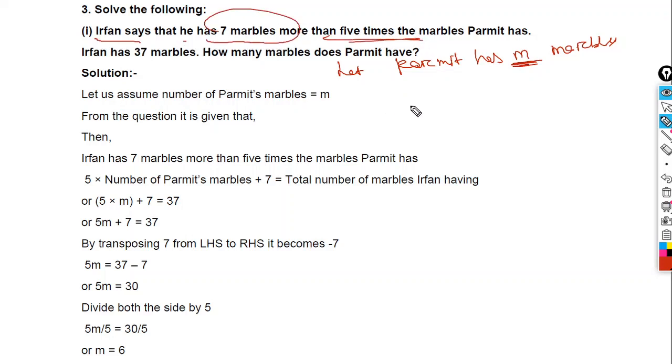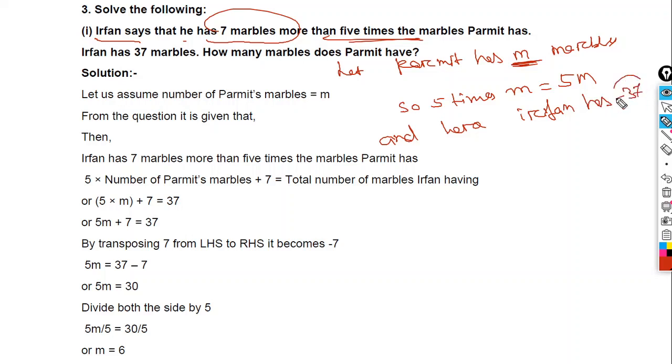So 5 times m equals 5m. And Irfan has 37 marbles.